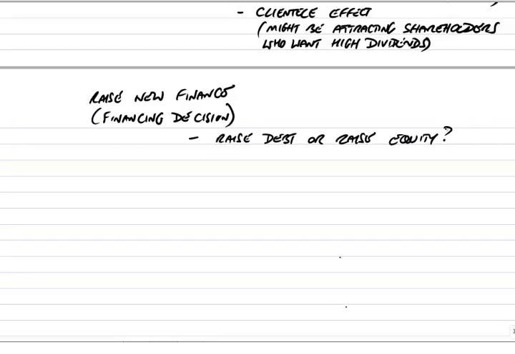Now, of course, it's Modigliani and Miller. According to Modigliani and Miller, it makes no difference. According to Modigliani and Miller, the value of the company will be the same whatever happens.